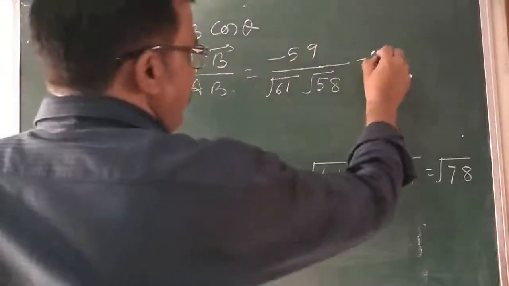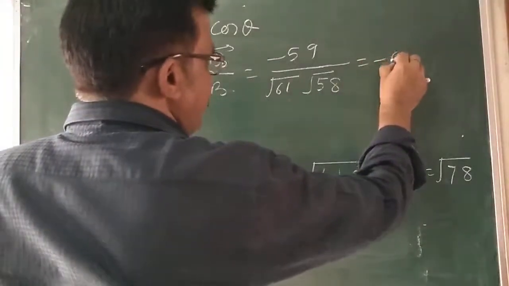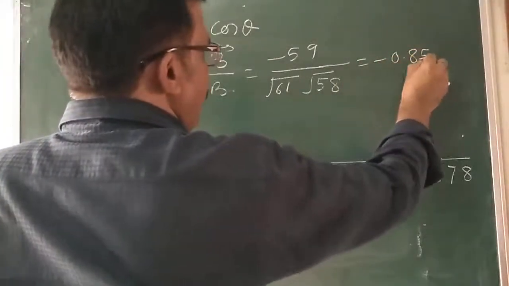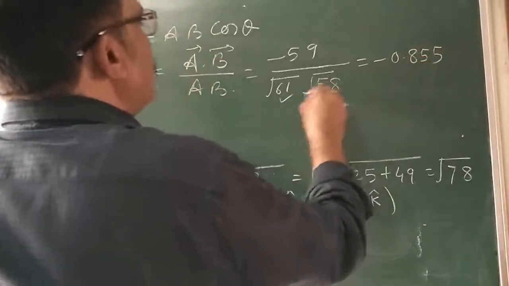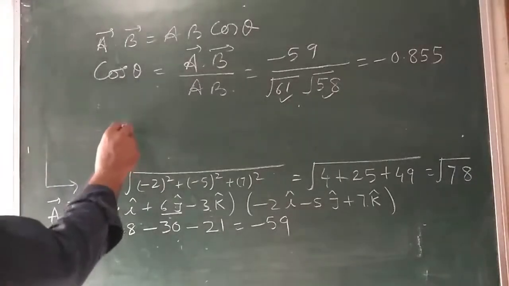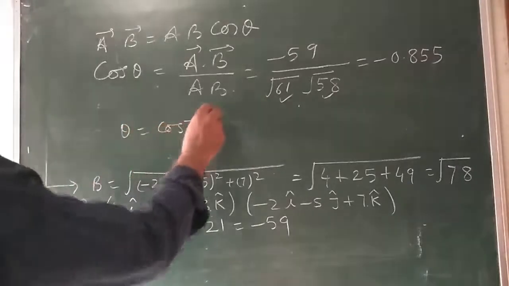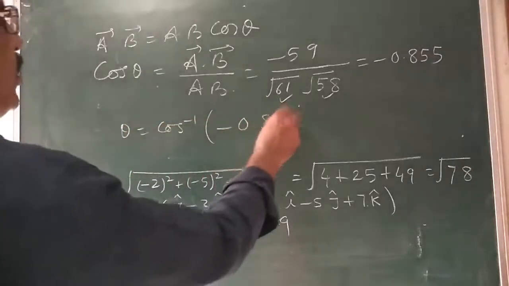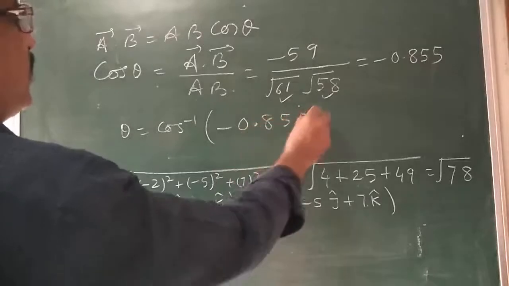When you solve it, you will get minus 0.855, taking the square root of these two and then dividing. So you are getting here minus 0.855. Is it clear? So you can write theta is equal to cos inverse of minus 0.855. This is also right.